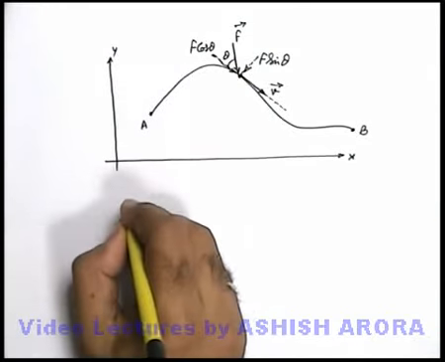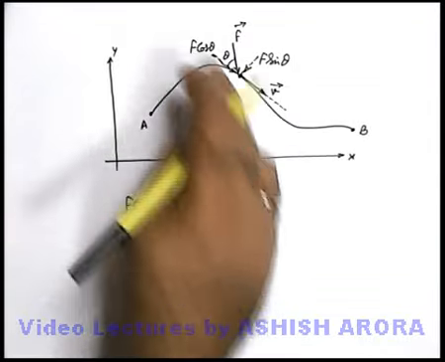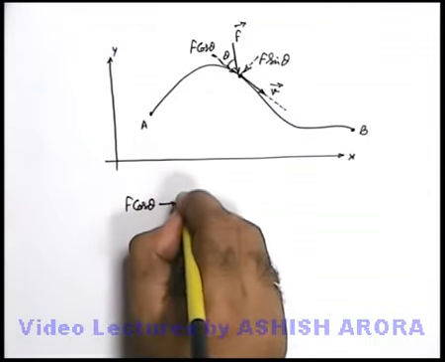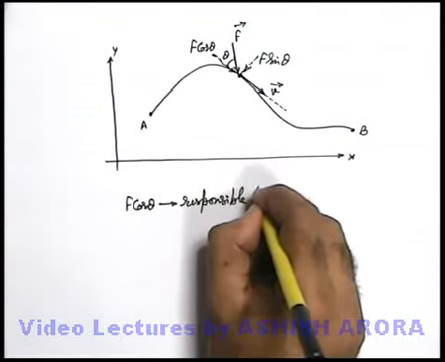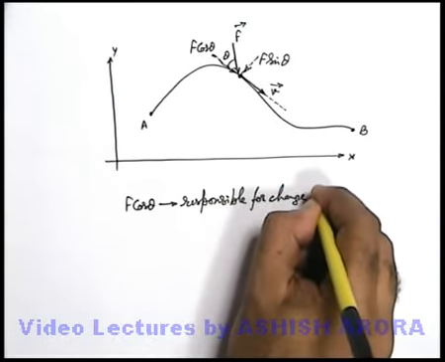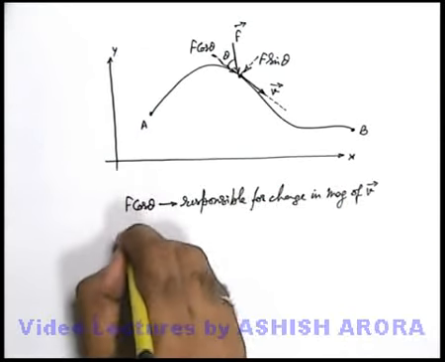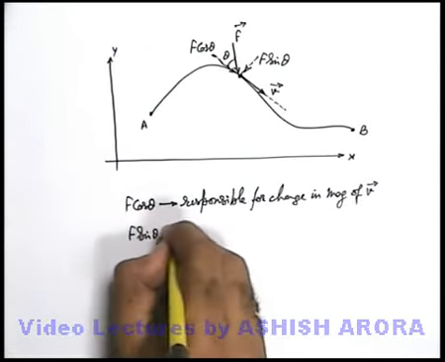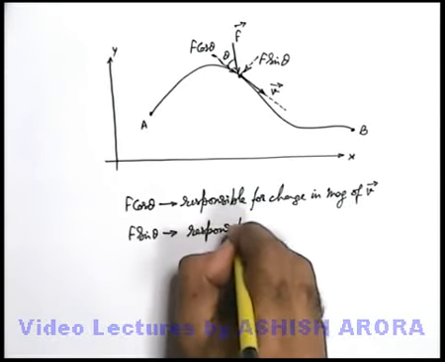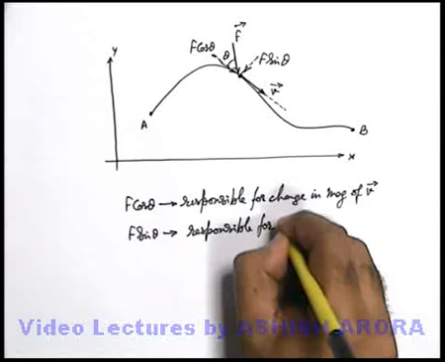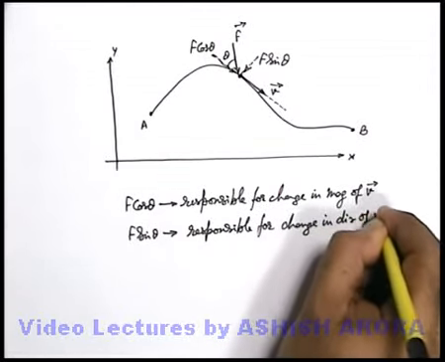F cos theta, acting along the direction of velocity, is responsible for the change in magnitude of the velocity vector, and F sin theta, acting perpendicular to velocity, is responsible for the change in direction of the v vector.